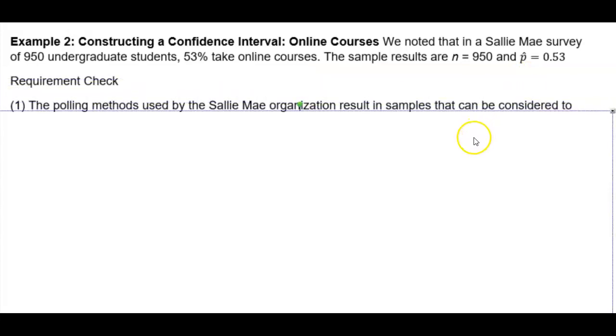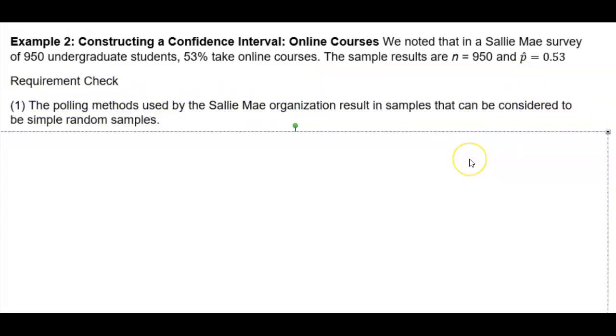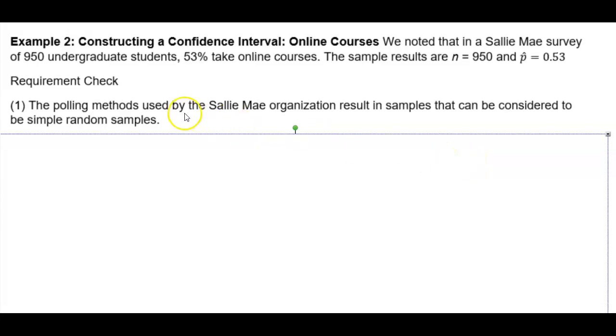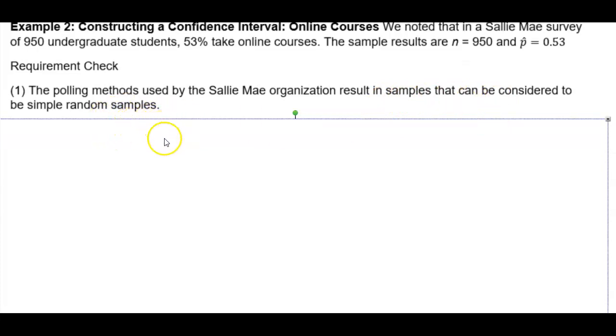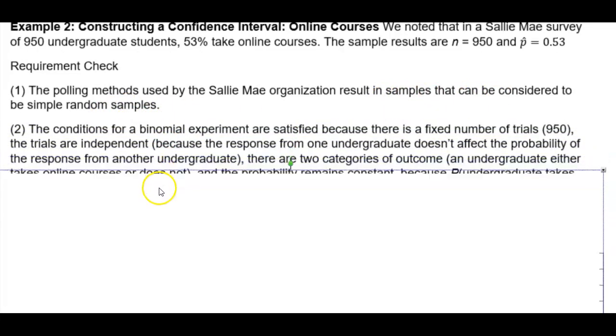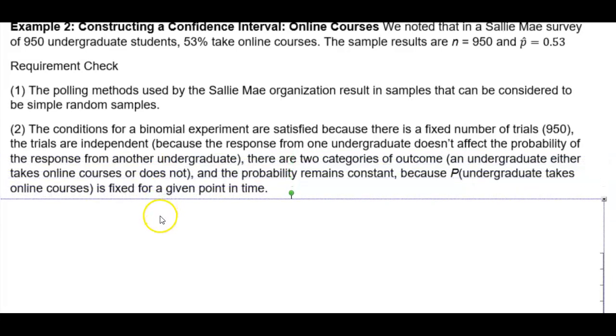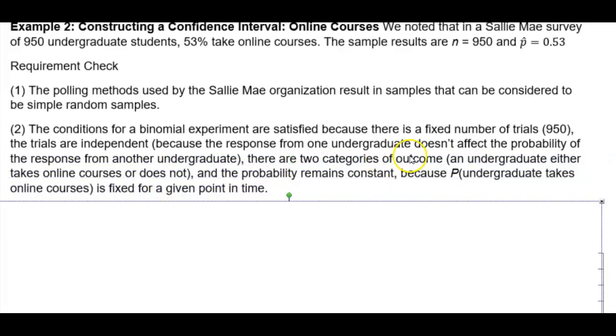So the first thing we have to do is the requirement check. Number 1, the polling methods used by the Sallie Mae organization result in samples that can be considered to be simple random samples. Number 2, the conditions for a binomial experiment are satisfied because there is a fixed number of trials, which is 950.